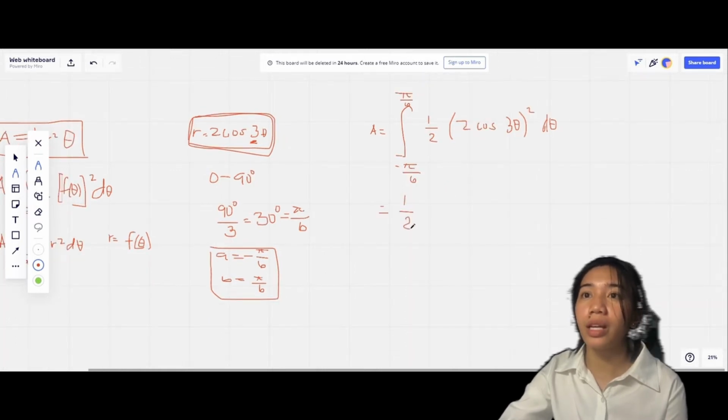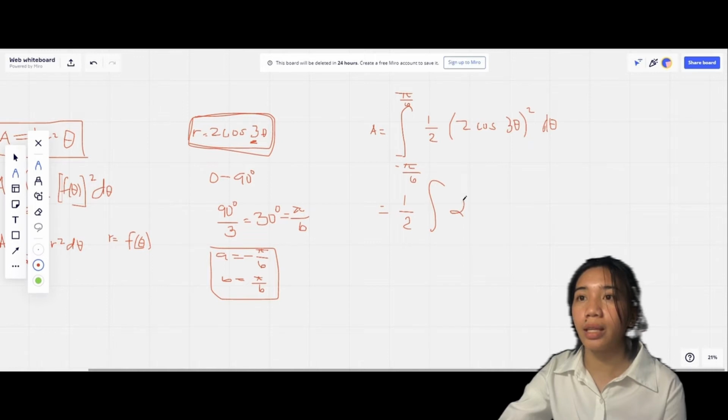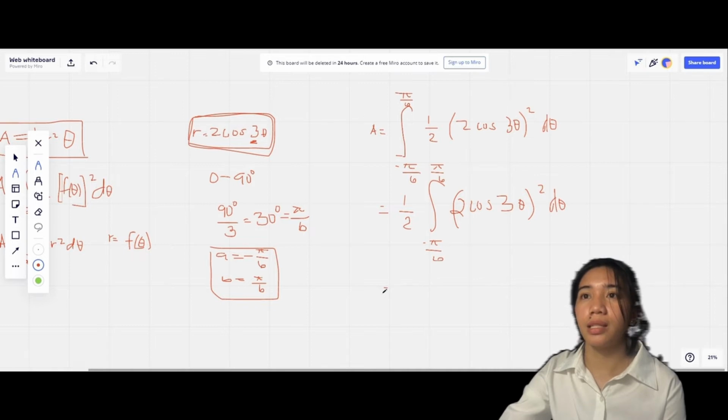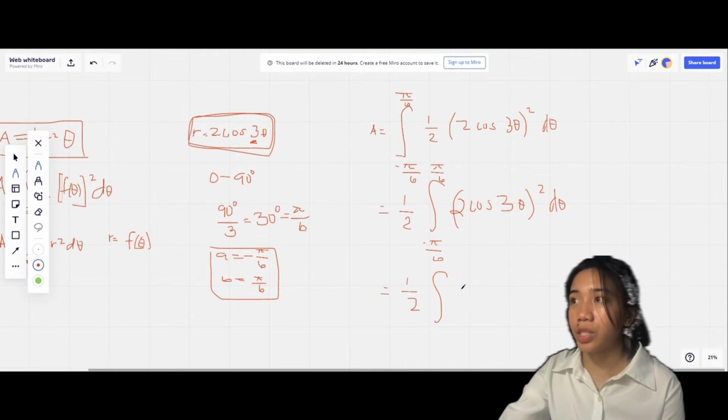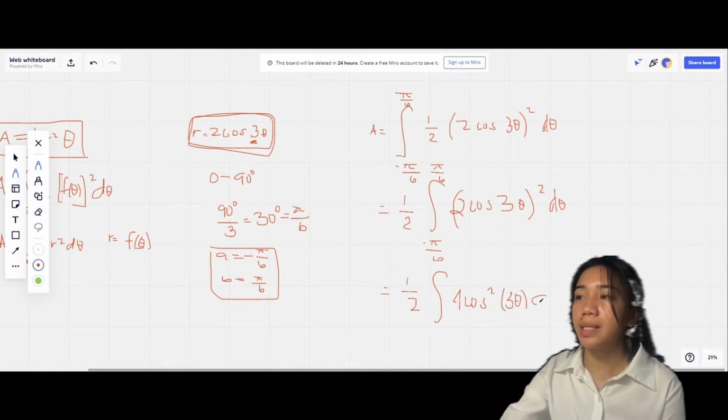So 1/2 the integral of (2 cosine 3 theta) quantity squared d theta from negative pi over 6 to pi over 6. Now 1/2 the integral of 2 squared, which is 4 cosine squared 3 theta. So we will enclose this 3 theta so that we will not be mistaken to square this value.